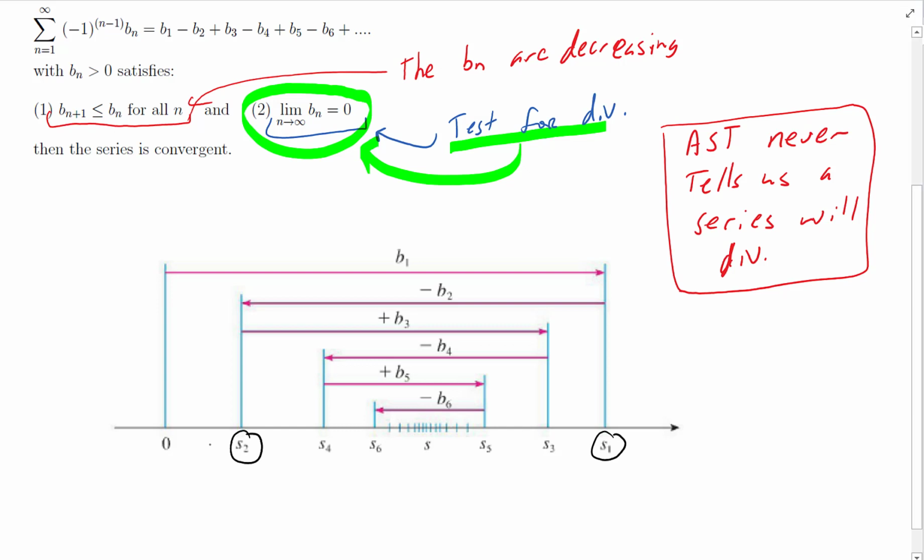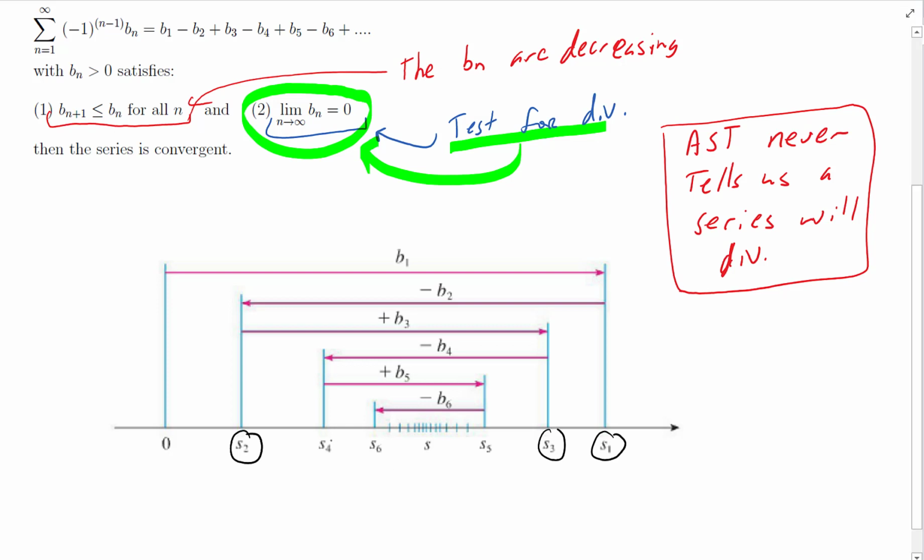b_3 is once again positive. It's smaller than b_2, so when you add b_3, you're going forwards again, but not as far as b_2. So in other words, you're flip-flopping back and forth. You always go back a distance shorter than the previous term.